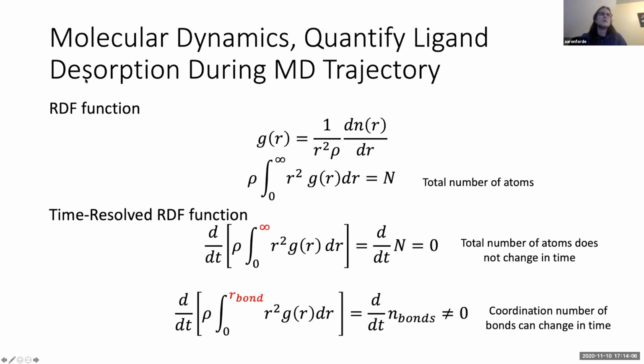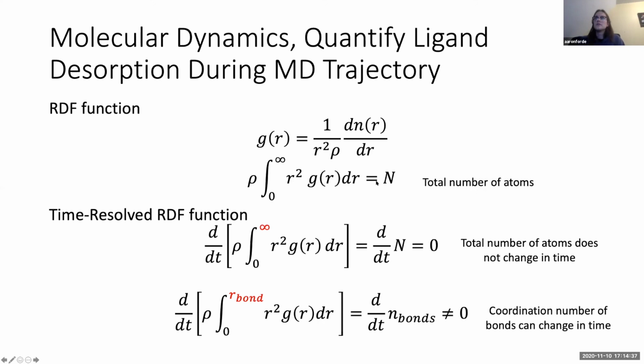What I figured was to utilize radial distribution functions again. The top two lines are just the formal ways to write out the radial distribution functions. The second line shows that if you look at the area under the RDF curve, that should be the total number of atoms in the system.